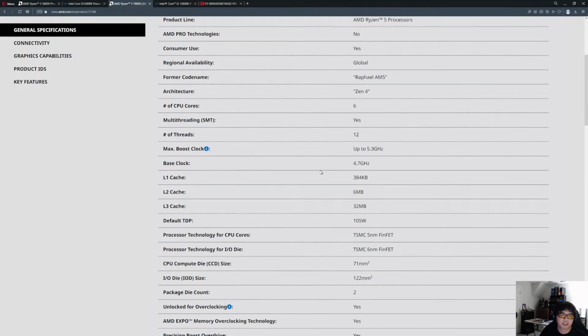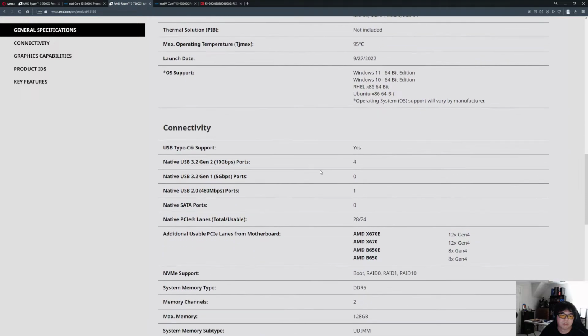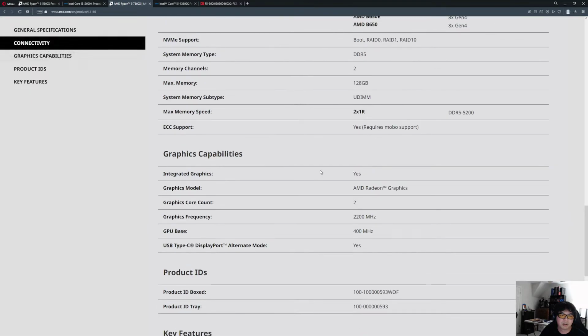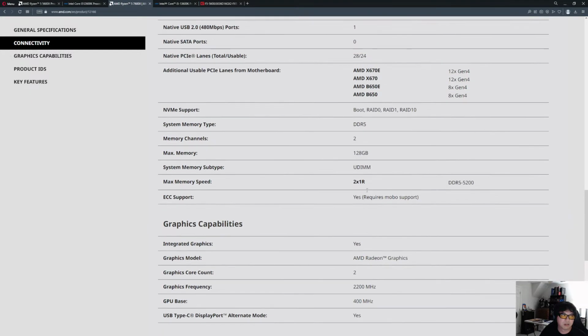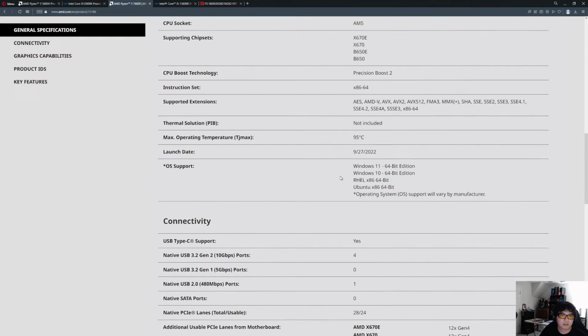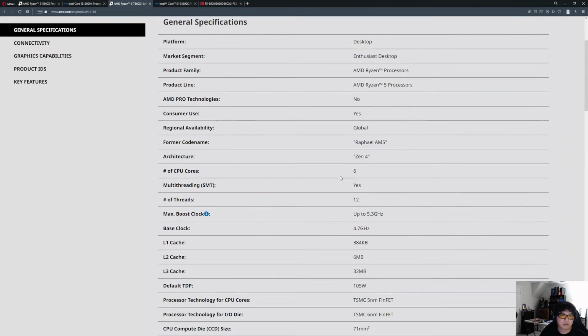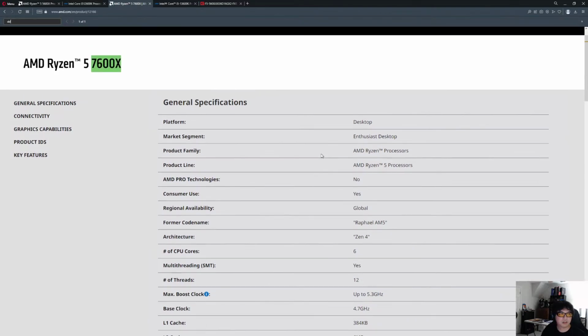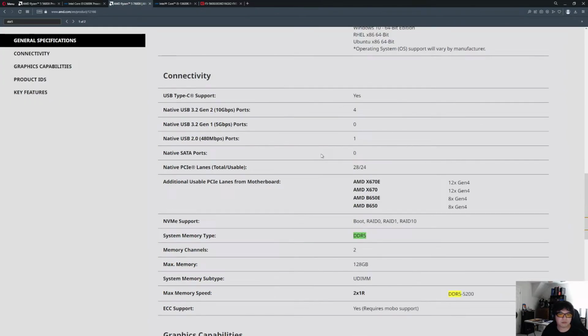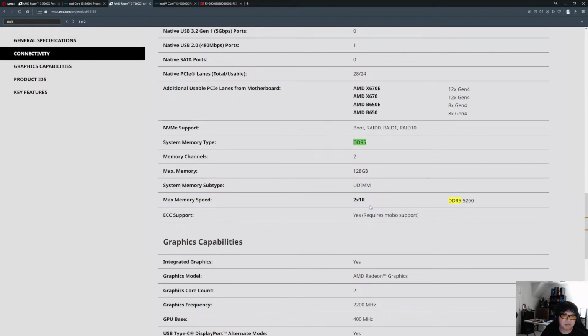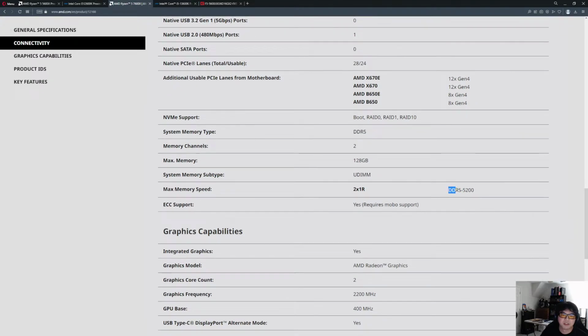So they're all going to have the same memory support. Okay, so maximum memory speed, DDR5 5200. So 5200 is the maximum rated speed.